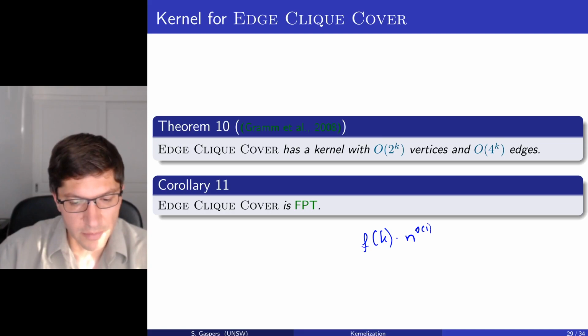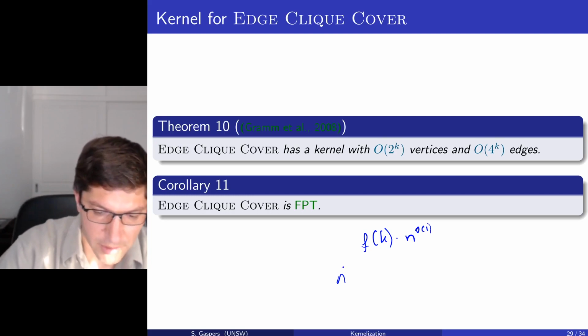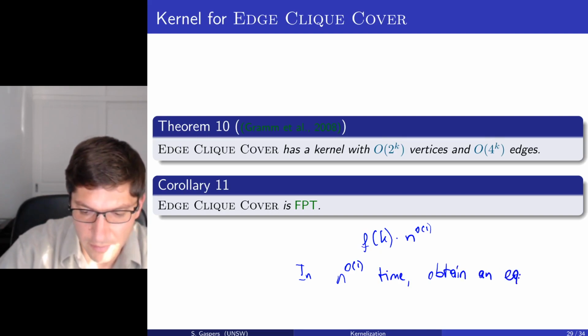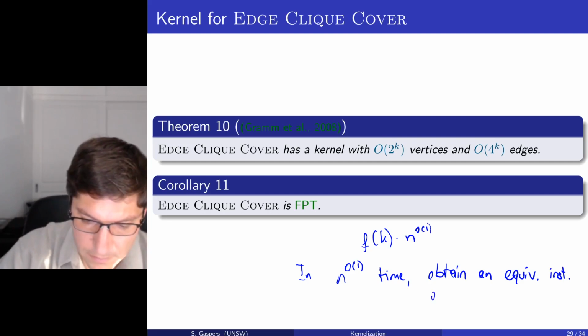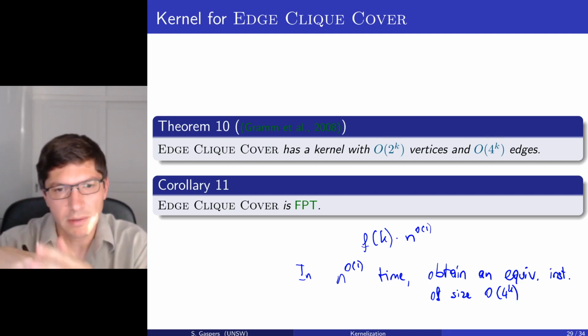Theorem 10 says that in polynomial time, we can get an equivalent instance of size at most order 4^k. But it doesn't yet solve the instance.